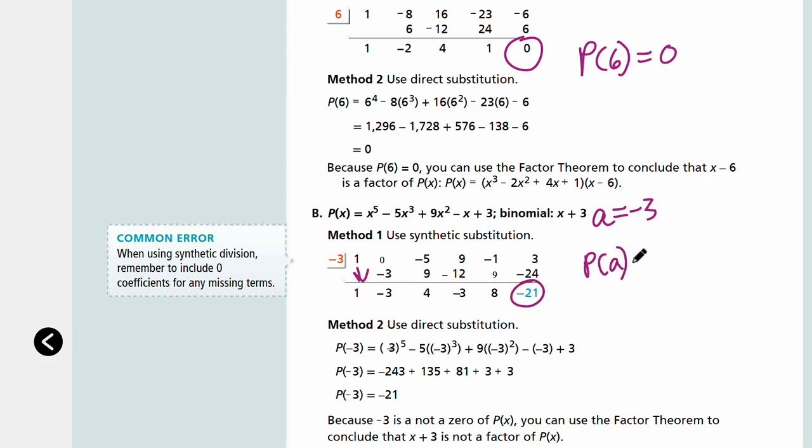So p of a, which is p of negative 3, is equal to negative 21, which is not 0. If it's not 0, then x minus a is not a factor of the polynomial p of x. So x plus 3 is not a factor of polynomial p of x.